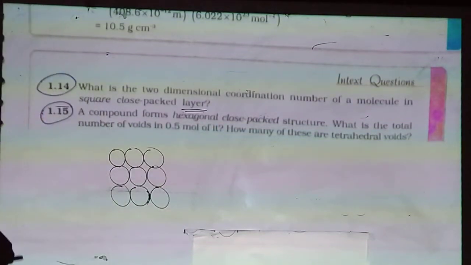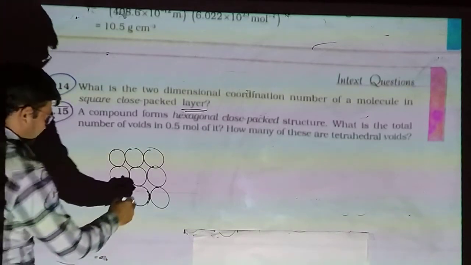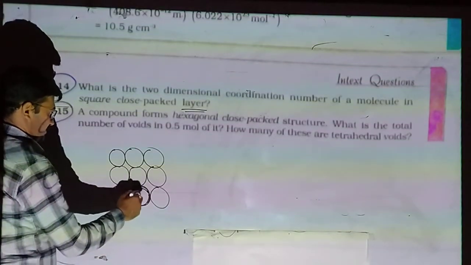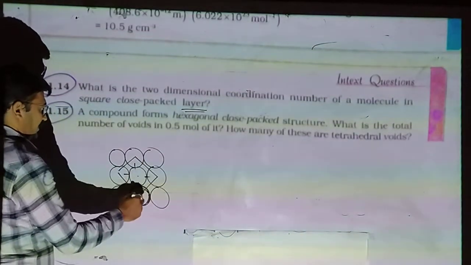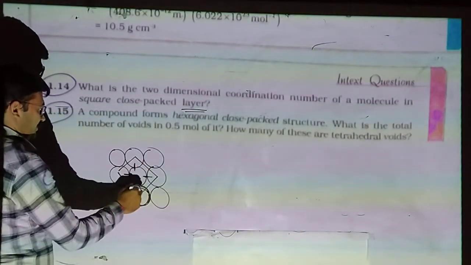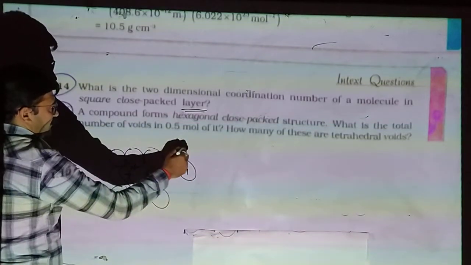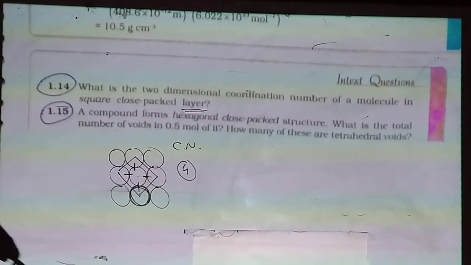This layer means only two dimensions, not three. So in this structure, every sphere is surrounded by 4 and touches another 4. So here the coordination number is 4.